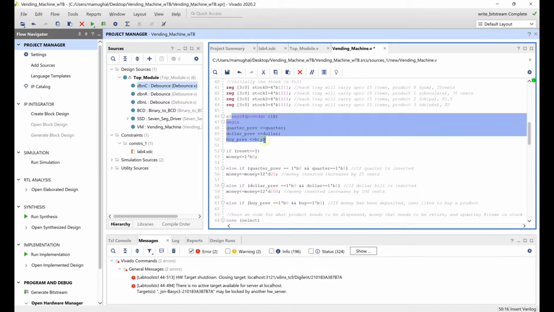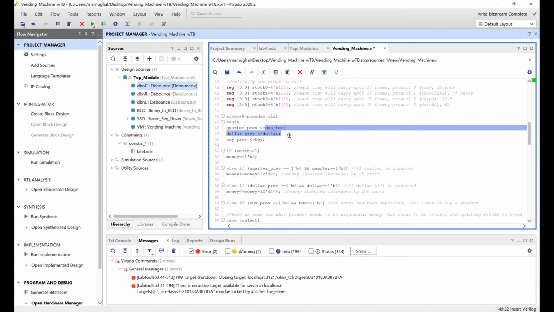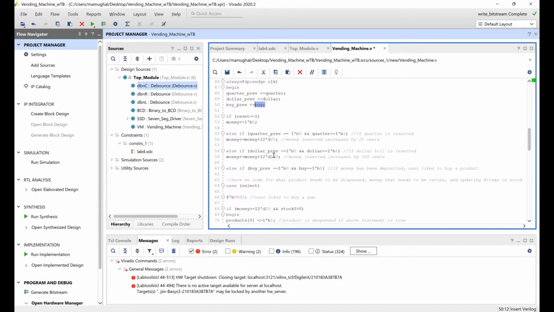Like I was telling you, whatever money is being inserted gets stored in here, and it always looks for whether the user is trying to buy a certain product or not. Remember that the product is only going to be dispensed when the user hits the buy button, and depending upon how much money is in there, it will withdraw the money.